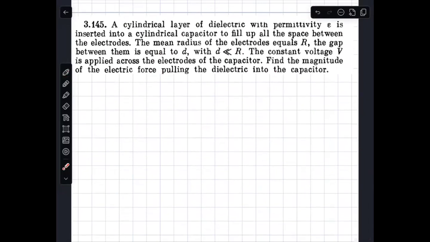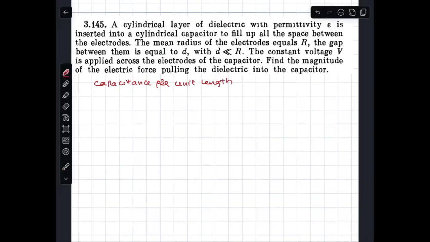A cylindrical layer of dielectric with permittivity epsilon is inserted into a cylindrical capacitor to fill up all the space between the electrodes. Right. Already we know the capacitance per unit length.